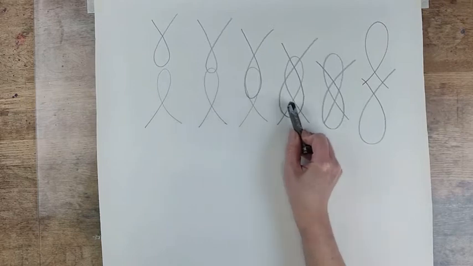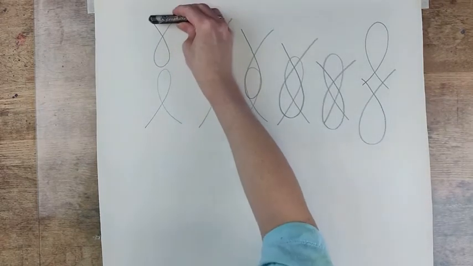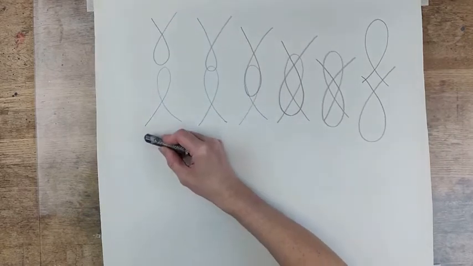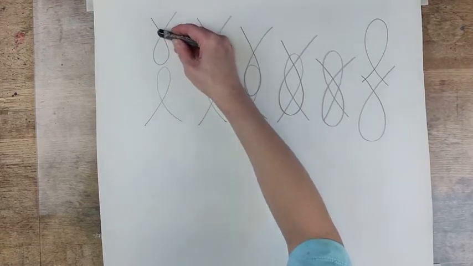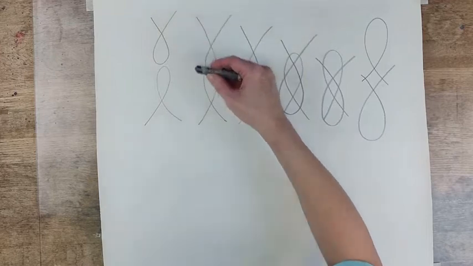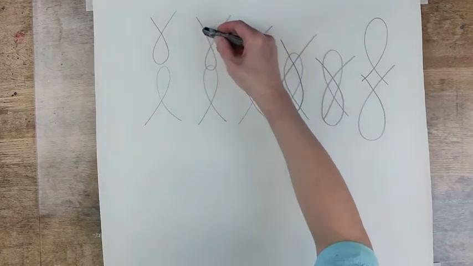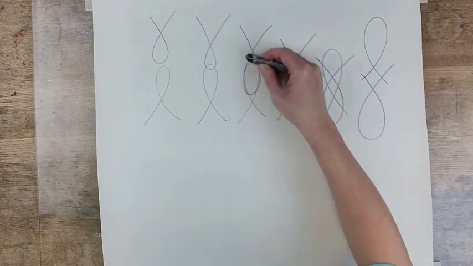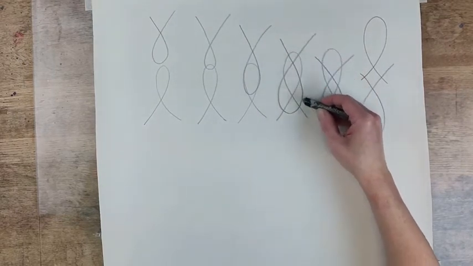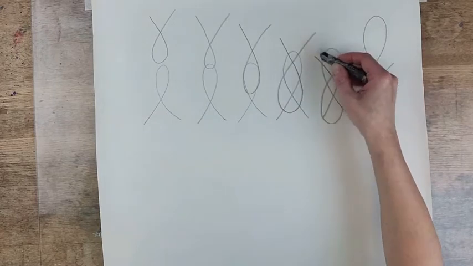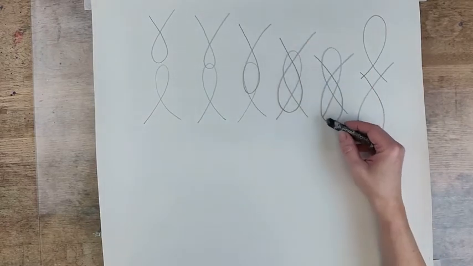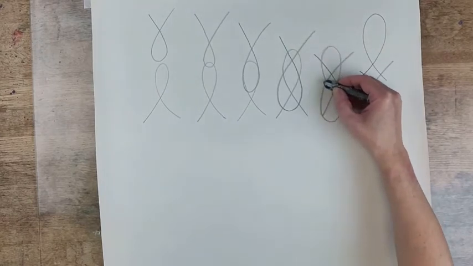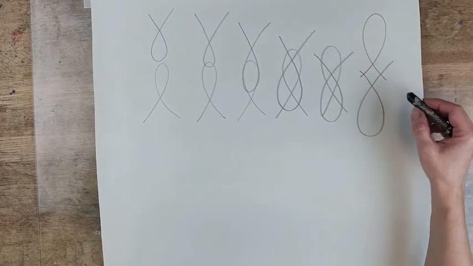Here I'm working from the bottom towards the top. So the impulse is initially from the bottom, and then it's met by the impulse from the top. And that's the way I'm moving all along when I'm drawing this. I'm starting at the bottom and then meeting that with what's coming down, the loop coming from the top.